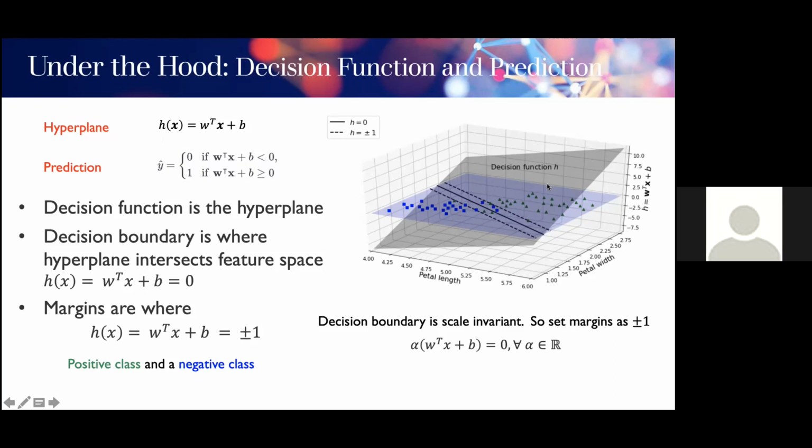There is a positive side and a negative side, determined by whether you evaluate how high the plane is for those points and get a positive number or a negative number. It's just as simple as that. So for any new data point, evaluate h of x and just look at the sign of h of x, and then you predict the positive class or negative class.